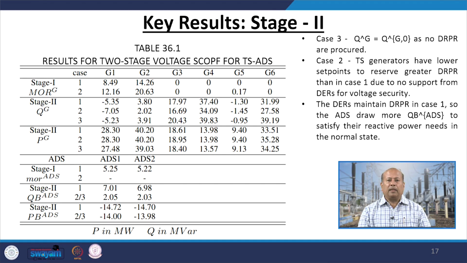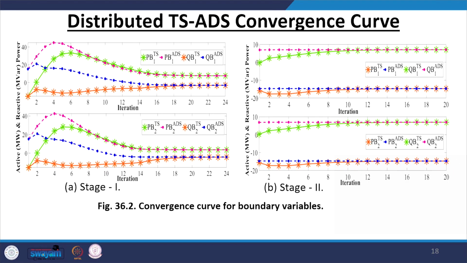The DRs maintain DRPR in case 1, so the ADS draws reactive power from the active distribution system to satisfy the reactive power need in the normal state. We can see the convergence curve for boundary variables in both stage 1 and stage 2.